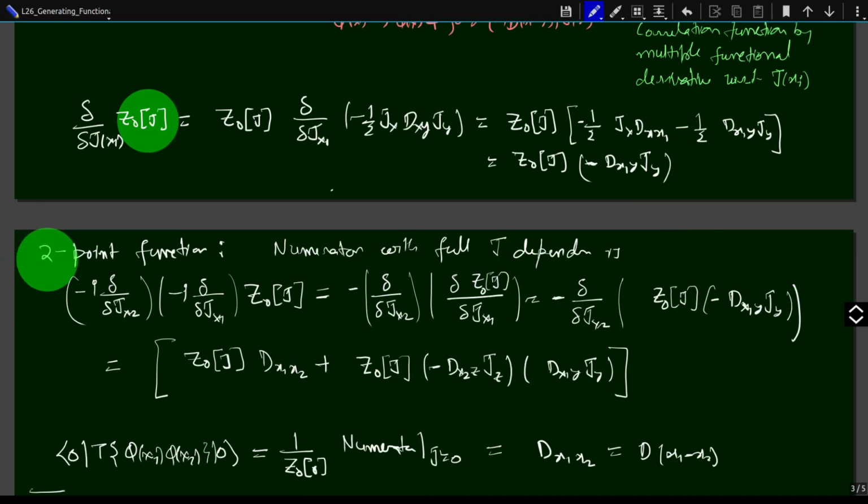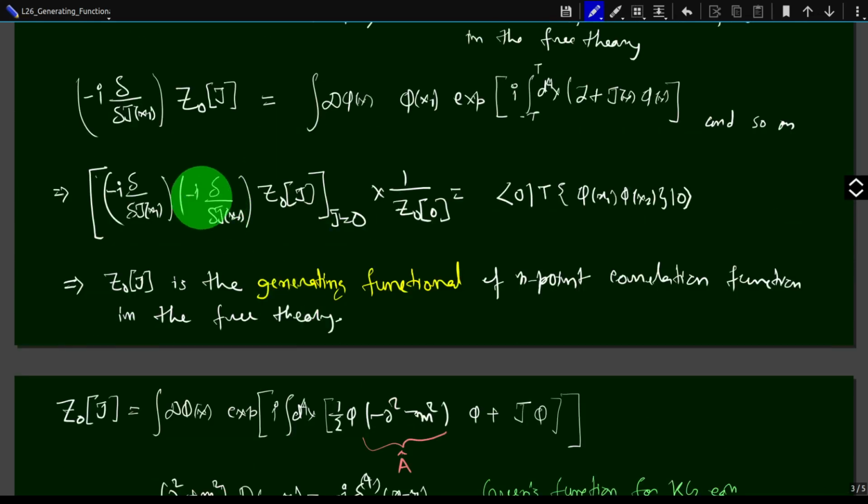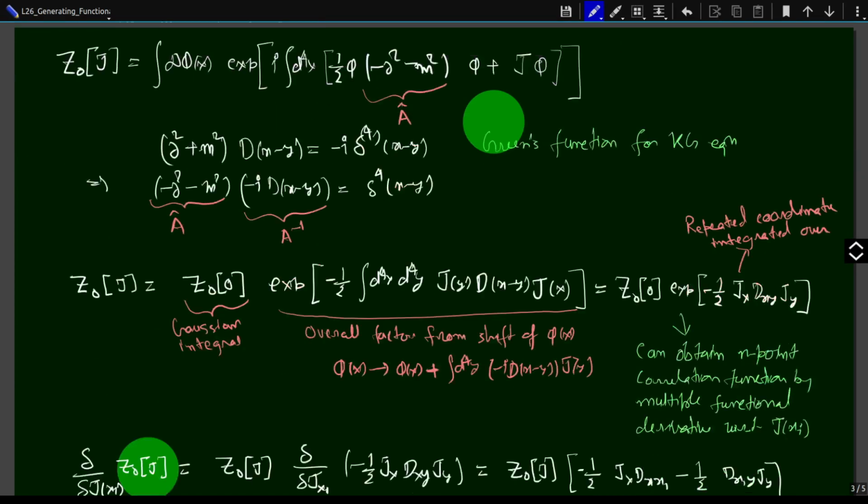Now I have to compute the 2-point function. The numerator with the full J dependence can be written as follows. This we have seen earlier: I have to take the derivative of minus i del by del J twice to get the 2-point correlation function, and then divide by Z0[J].